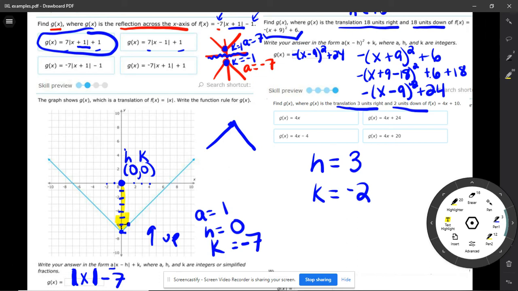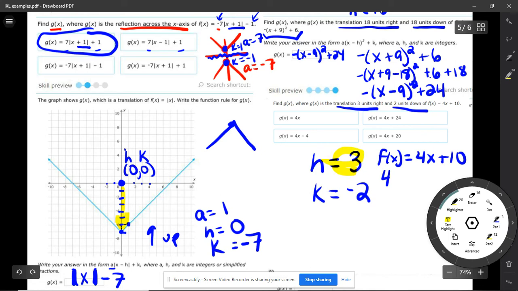I know my function that we already have is f of x equals 4x plus 10. All right. For a linear function, I know h right here is always going to be grouped with my x. So I need parentheses. So I have a parenthesis x, and I know it's x minus h.